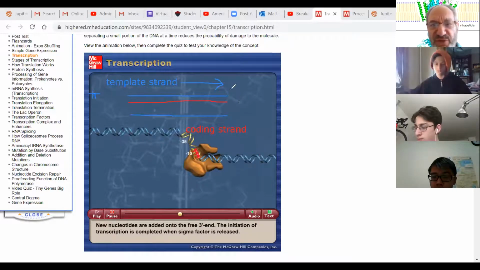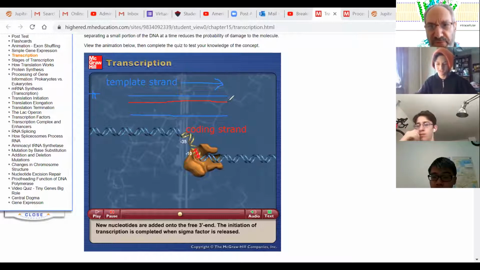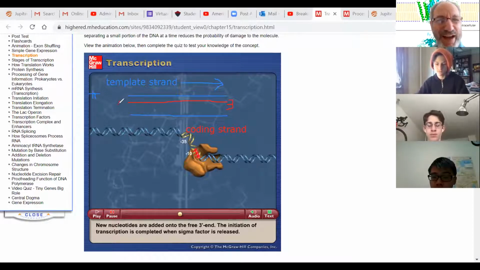If we're going in that direction, what end of this new strand is it? Is this the 3 prime end or the 5 prime end? Okay, no. Sorry, this is the 3 prime end, and this is the 5 prime end.